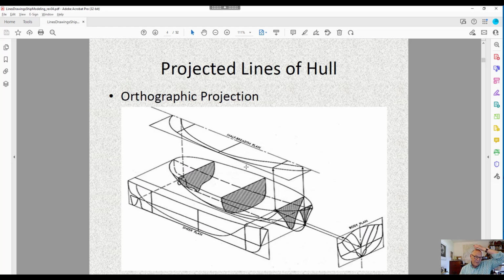So you have a front view, you have a top view. Over here you have what's known as a body plan. The body plan represents a right side view and often a right side and a left side view, which would be the bow and the stern of the vessel. Now again, this vessel is a boat that's fairly simple.